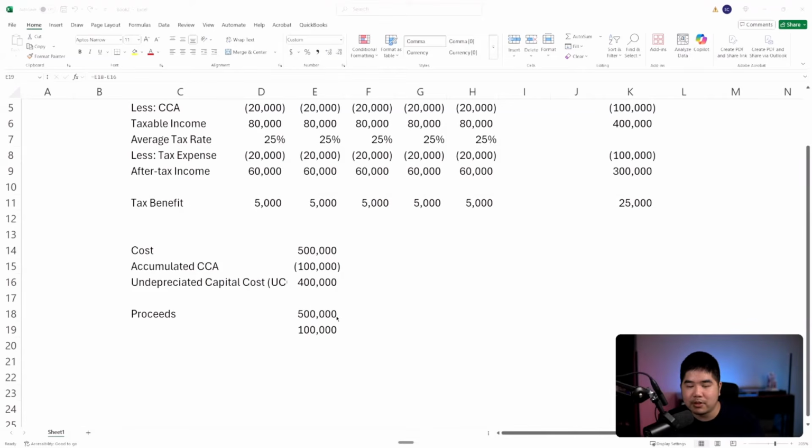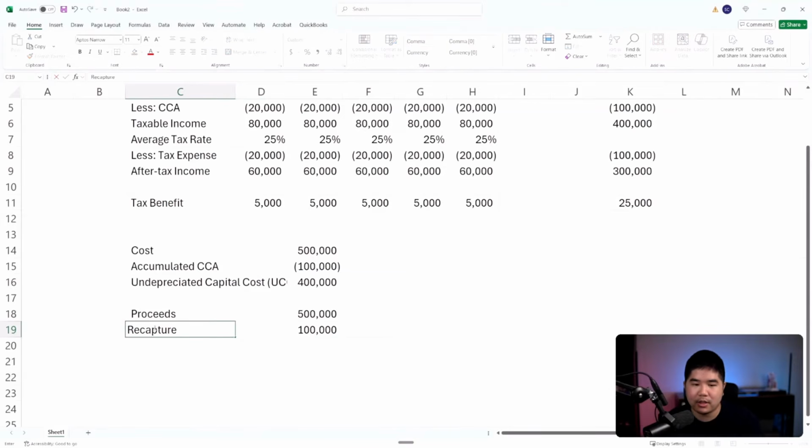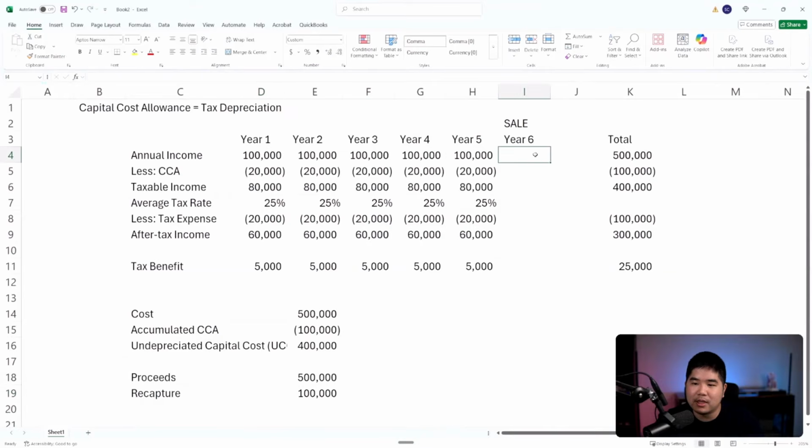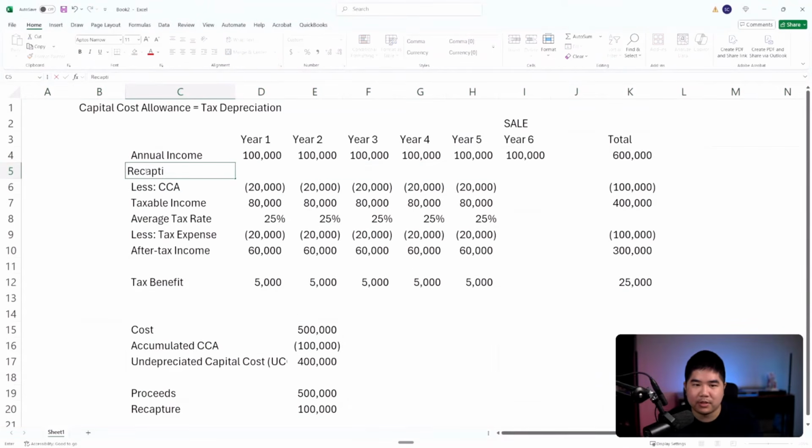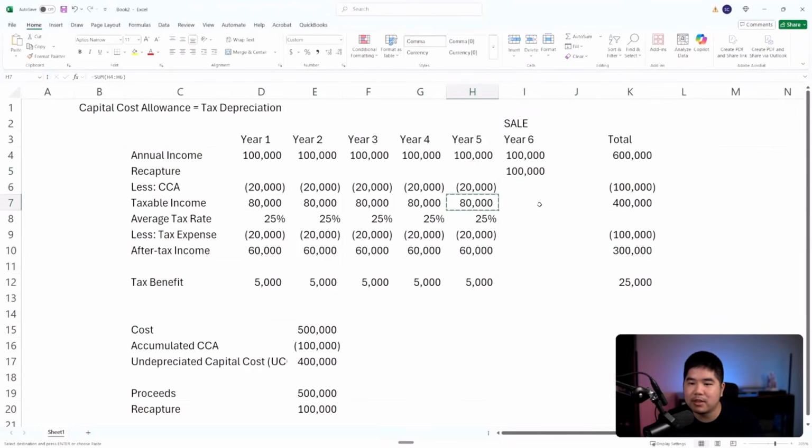However, in this case, the difference between $500,000 and then UCC is treated as a recapture, and recapture is treated as an income. So that means in year 6, you have $100,000 of annual income, and then you have to add a recapture of $100,000. So now your income in year 6 is $200,000.